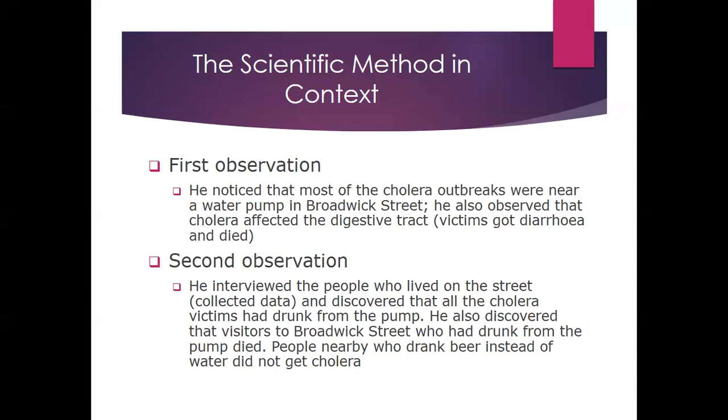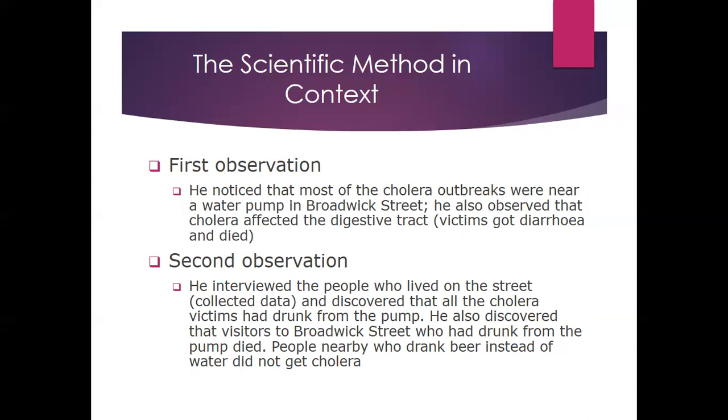The second observation he made, he interviewed people who lived on the street from the data that he collected and discovered that all the cholera victims had drunk from the pump. So he's now able to make that connection between the victims and the pump. He also discovered that visitors to Broad Street who had drunk from the pump died.